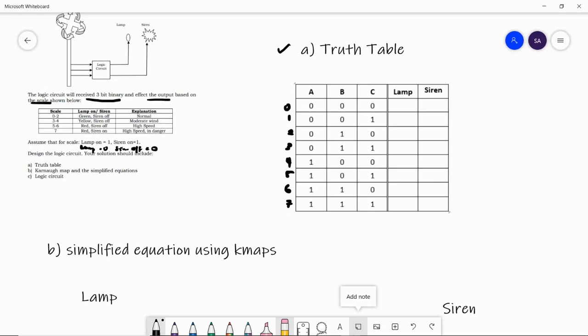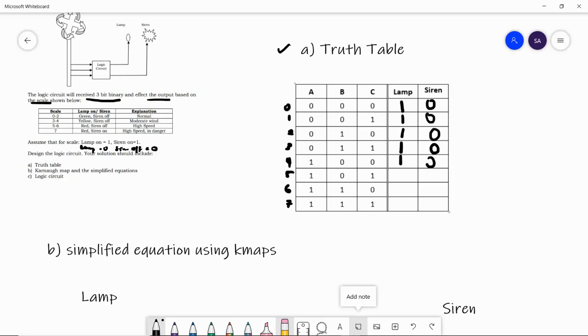The lamp is on and the siren is off. So when it is 0, 0, 0, the lamp is on, siren off. Up to 2: 1 also has the lamp on, siren off, and 2 has the lamp on, siren off. For 3 to 4, the lamp is on and the siren is off. For 5 to 6, the red lamp is on, but the siren is off.